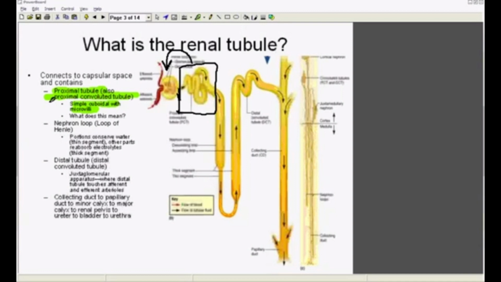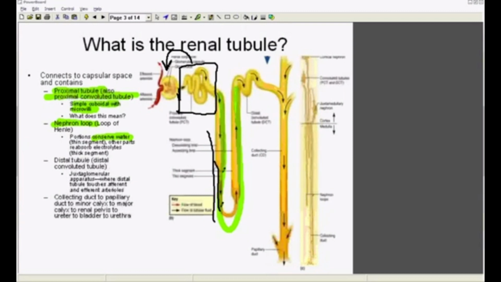The next region of the renal tubule is this big part that dips down like this. This is called the nephron loop. Old textbooks call it the loop of Henle because a guy named Henle discovered it. This is the portion of the nephron where we try to conserve water. In the descending part, the part going down, notice how it's thin through here.